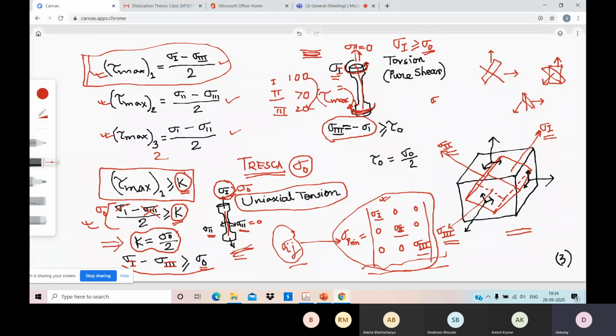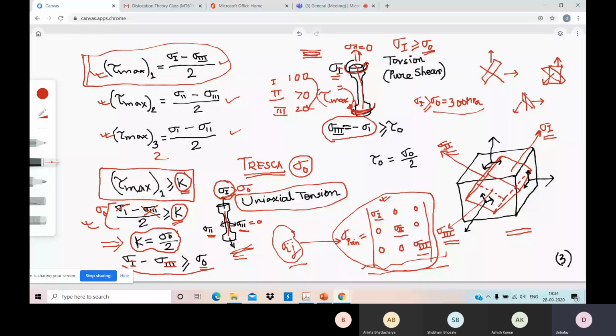For example, suppose the yield strength of your body is 300 MPa. Uniaxial yielding, when you do. So when your maximum principal stress, which is the applied stress, exceeds this value, yielding will occur. But I am considering another simple problem.